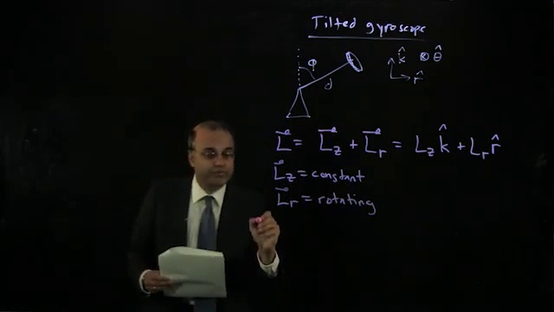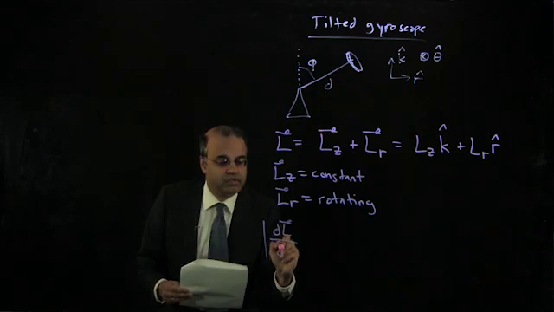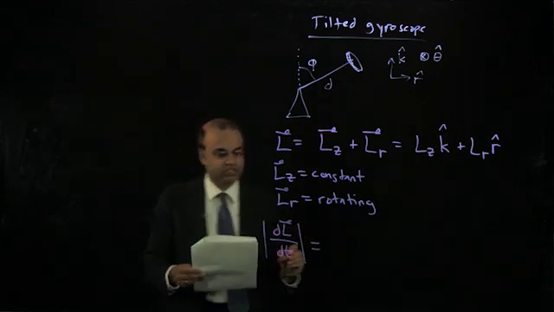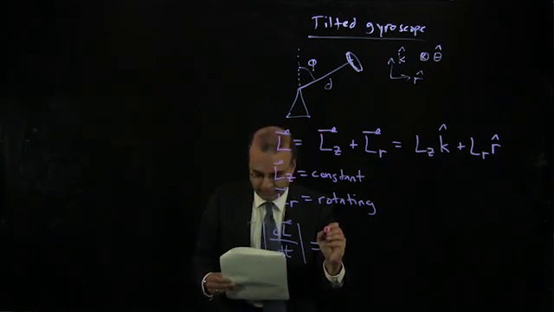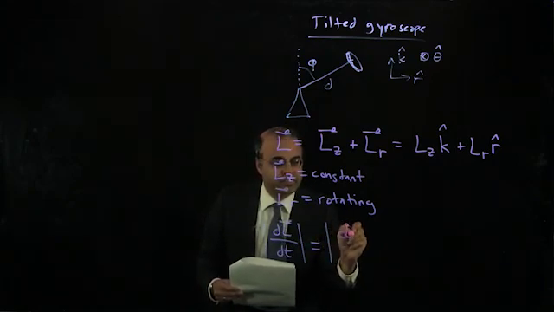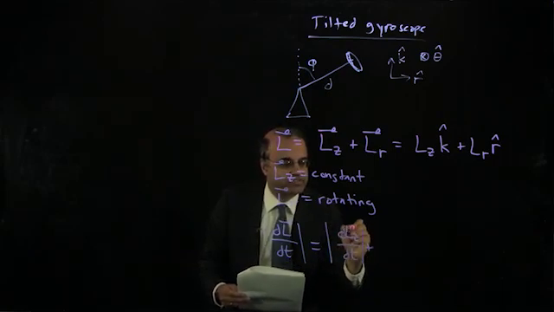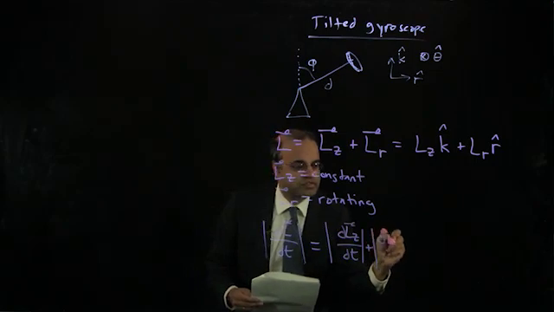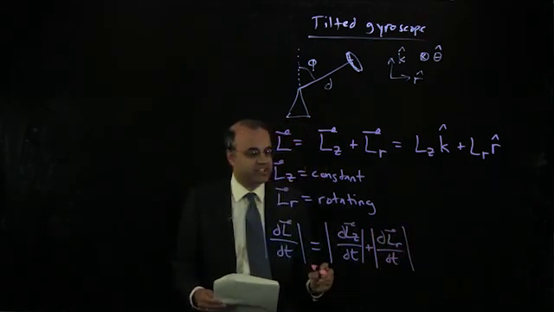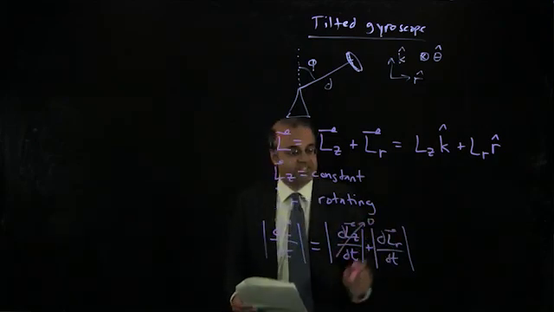And so now, the magnitude of dL/dt, which is equal to the magnitude of dLz/dt plus dLr/dt. Well, dLz/dt, since that's a constant vector, is just 0.